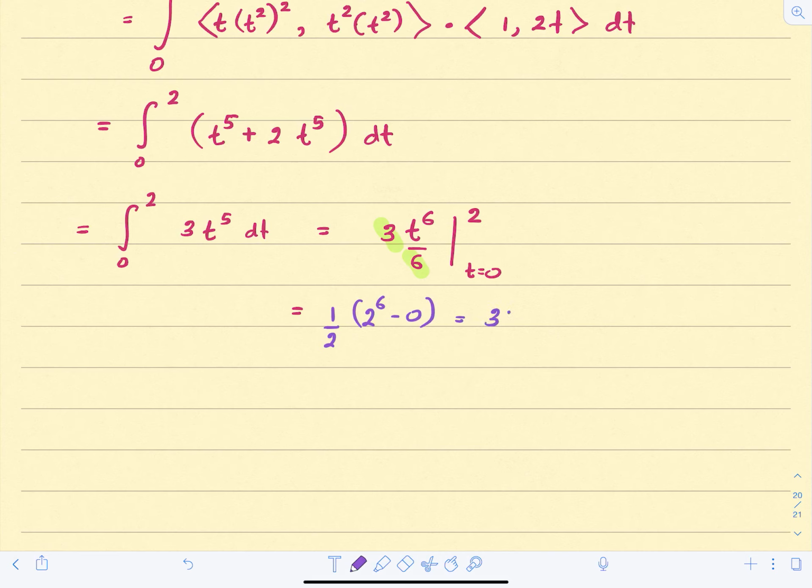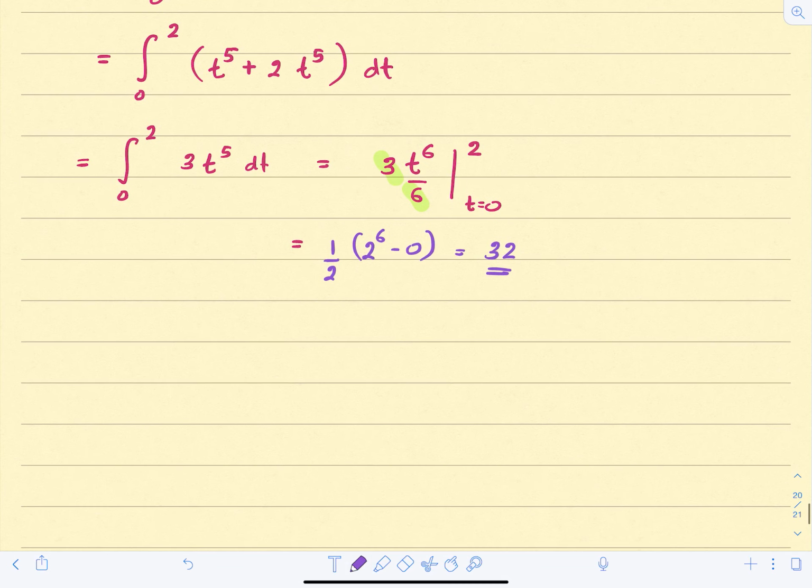This is 32. This means the line integral of the vector field F over the curve C2 equals 32 as well.